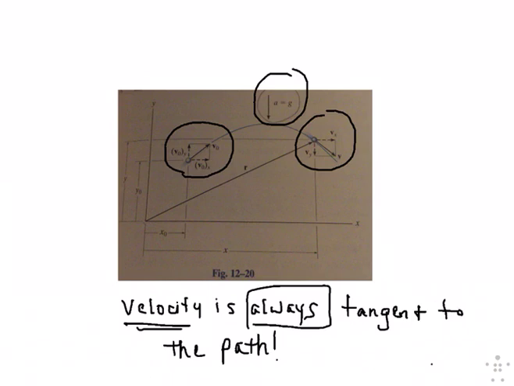You can see how the velocity, the way they're showing it in the picture, is tangent to the path. And you can also see these are the positions. This is our initial position in the x direction, this is our initial position in the y direction, this is our final position in the x direction, and this is our final position in the y direction.